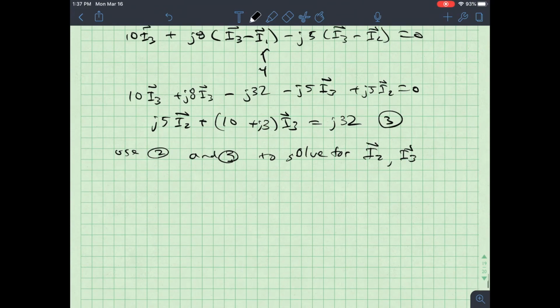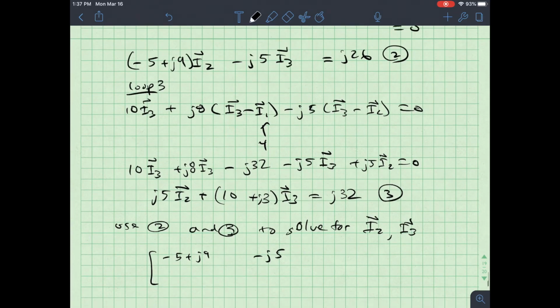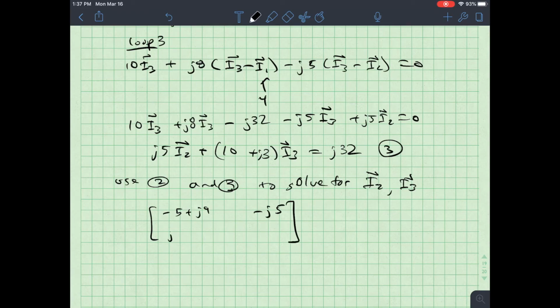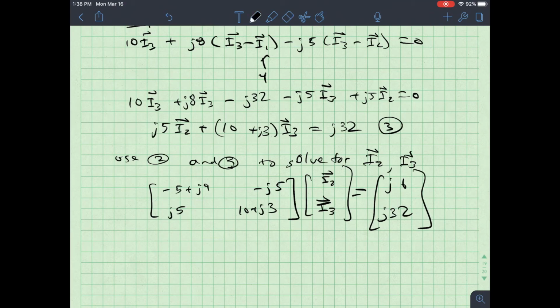When I do that, I've got minus 5 plus j9, minus j5, and then I've got j5, and then 10 plus j3, and this is I2, I3, is equal to j26 and j32.